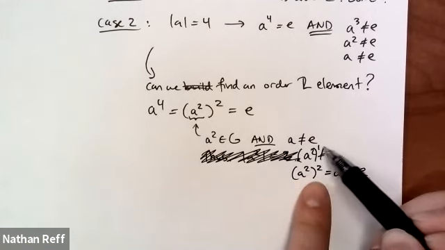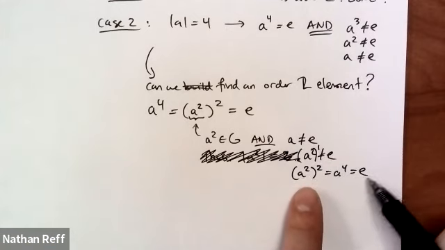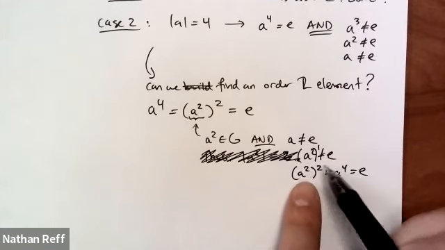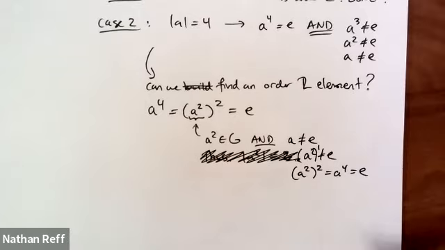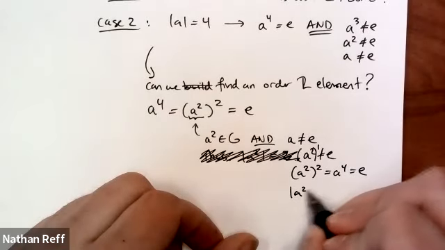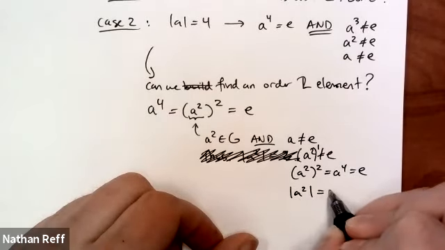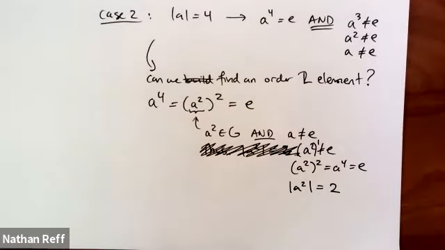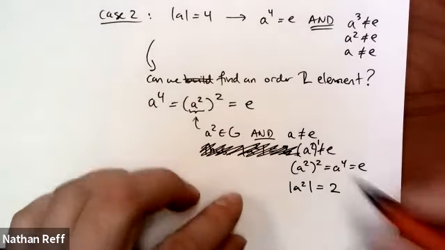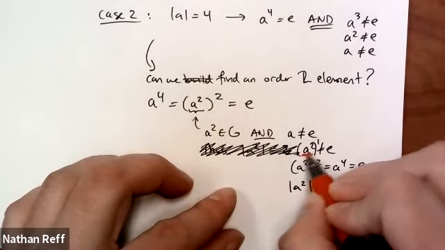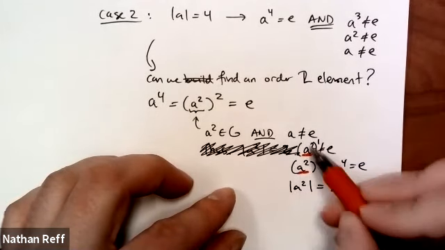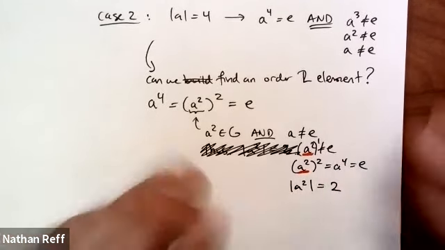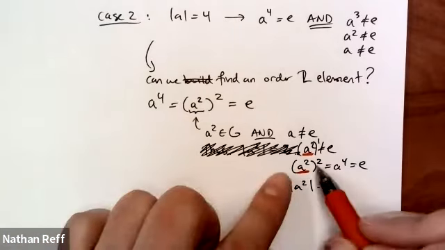So the first power of A squared that got us to the identity was squaring it. See that? So that actually tells us that the order of this element is 2. You could, if you want, just look at what's in red here, right? The red element to the first power is not the identity. That's okay. But if I square it, I do get the identity.